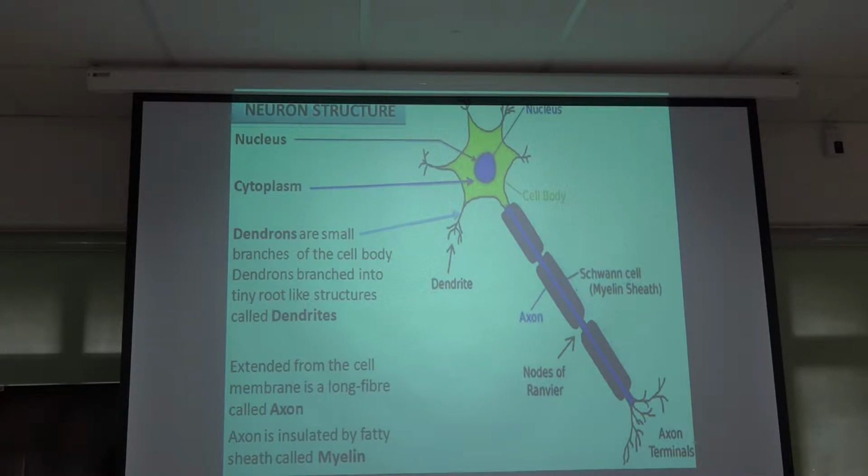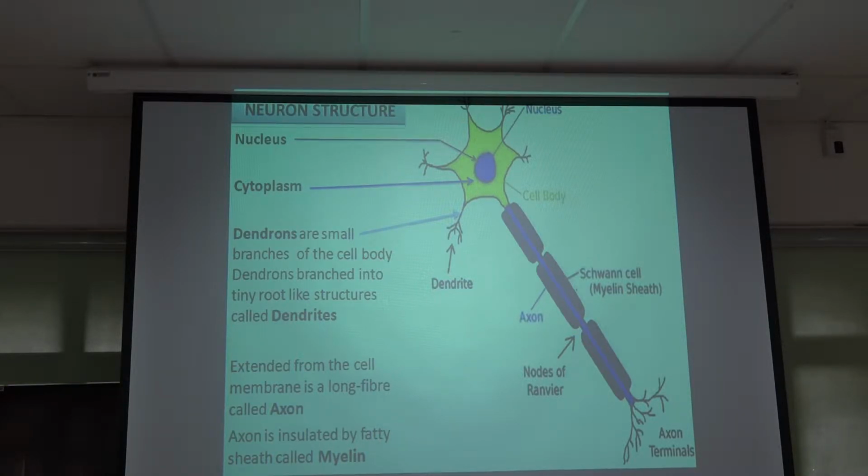These are actual points where the electrical impulses are passing from one neuron to another. But as you go down, you have the axon terminals, which at other times are also known as synapses. And the synapse is the connecting point between one neuron and another.